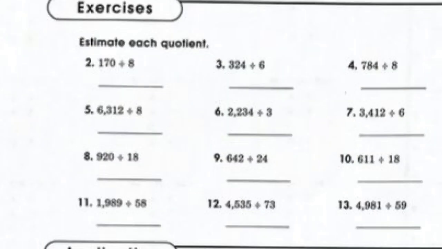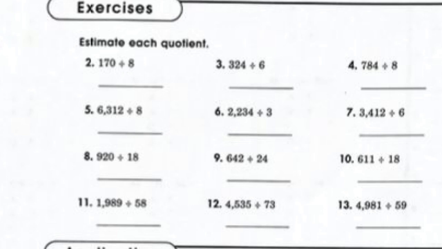When you are doing this and estimating, if you show me the work, then I could say, yes, that was a reasonable estimation or a reasonable answer. So like on problem number 2, 170. When I'm thinking my eighths, I know that there's 16, and the next answer is 24.